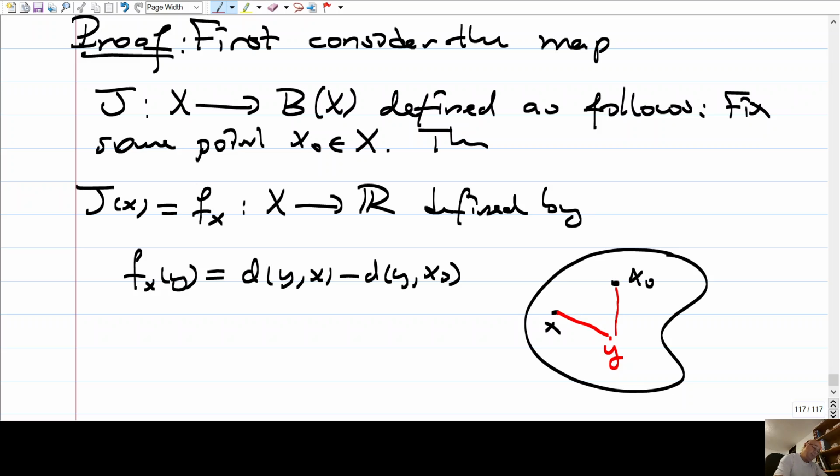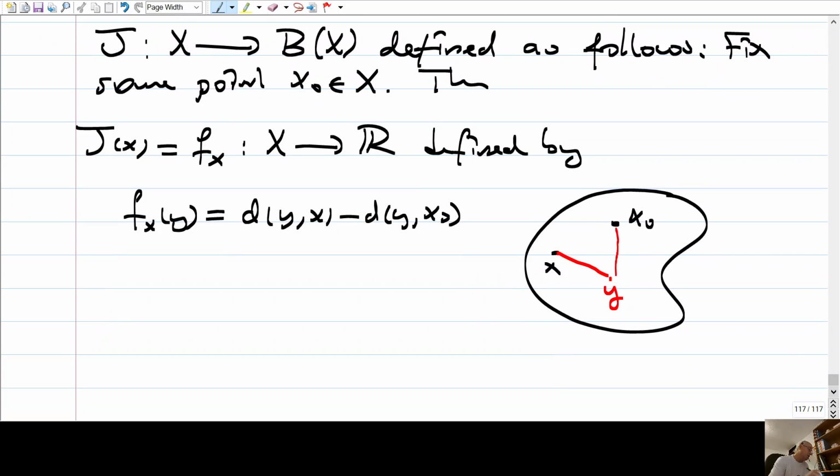But here you see I claim that this fx is a bounded function. So first of all, I have to prove why this is a bounded function, because my notation tells me that fx is a bounded function, and it should be justified why this is bounded. The reason is the following.